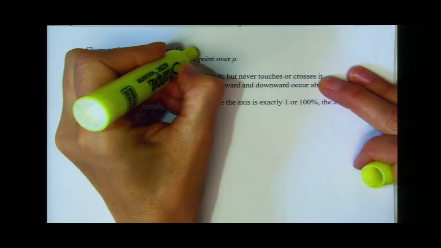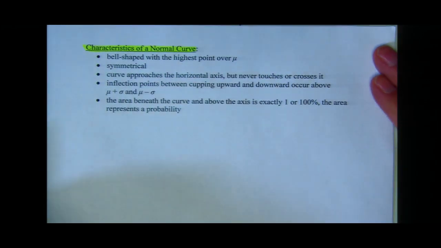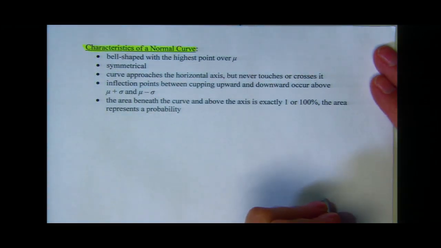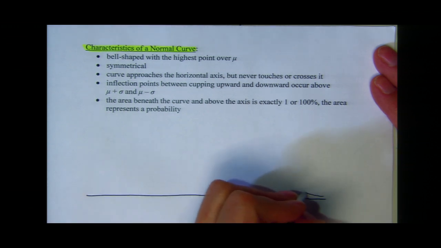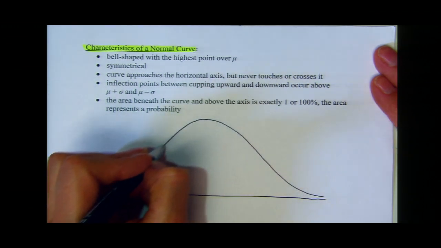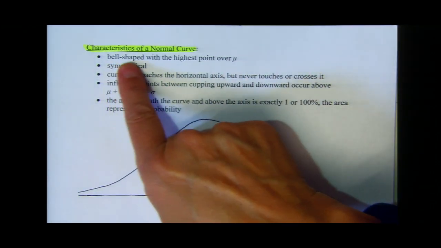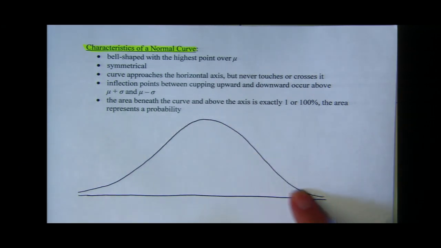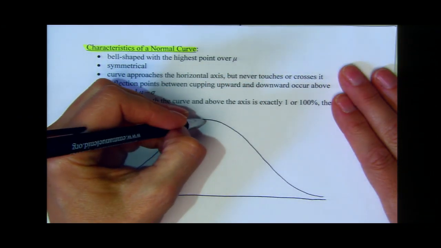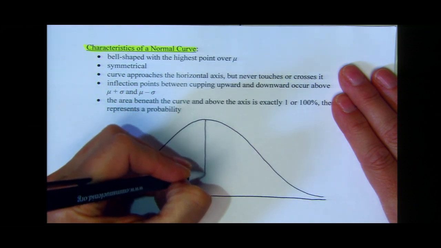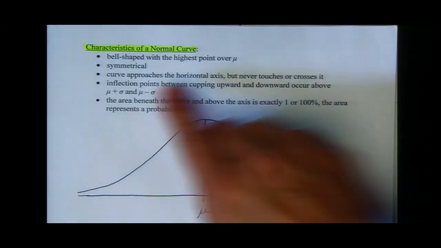So the characteristics of a normal curve. Okay, I'm going to draw a normal curve down here. All right, so first, bell-shaped, so I have my bell, with the highest point over mu. So the tallest point, this is mu. It is symmetrical.